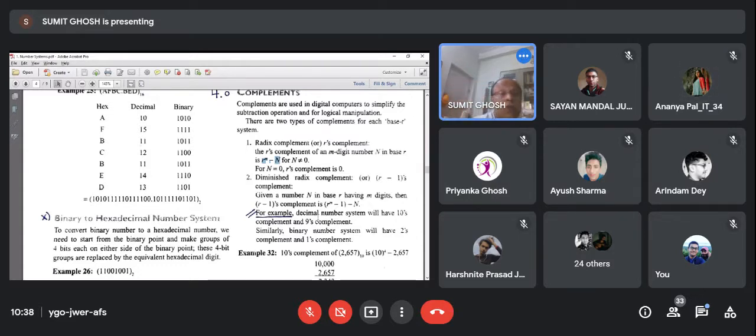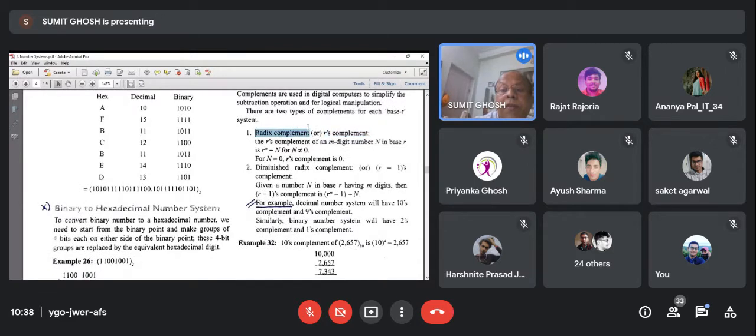So for binary, what is R? 2. Okay. So for the binary system, we can have 2's complement. I substitute R by 2. For the decimal number system, we can have what? 10's complement. Like this. So this is one type of representation, R's complement. This is called radix complement. Radix stands for R.